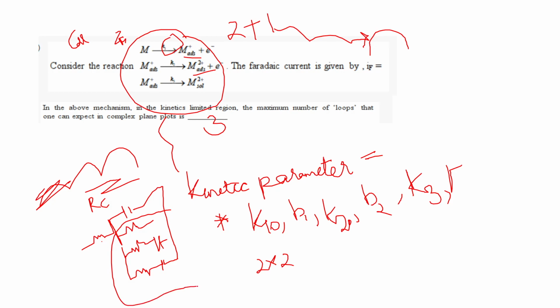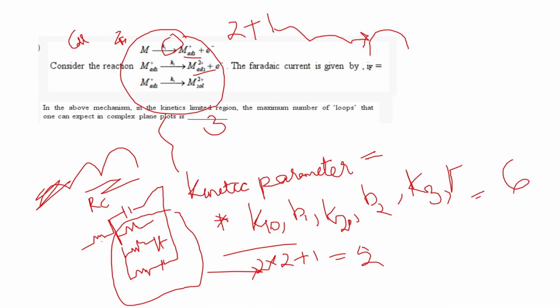This is the Faraday impedance part. This R into C corresponds to the time constant of 2 loops and you have a resistor. So 2 into 2 plus 1. This is from the equivalent circuit model. So you have 5. So here you have 1, 2, 3, 4, 5, 6.